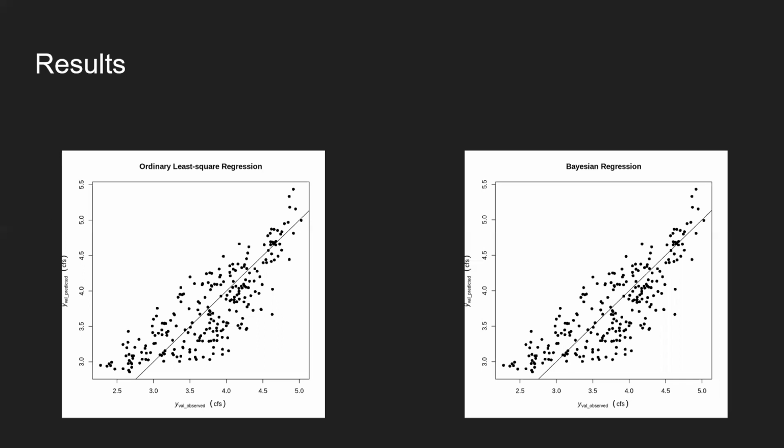And that translates here into our actual predicted versus observed data. You see on the x-axis we have the observed, again a log transformed discharge, and on the y-axis we have what the model predicted as our discharge.